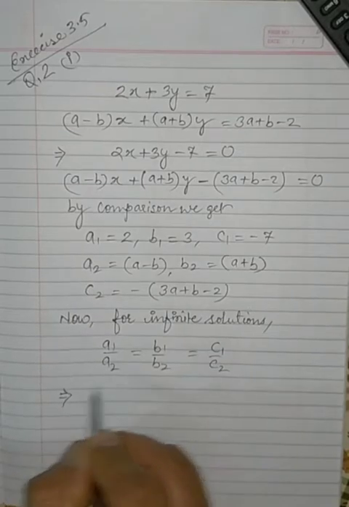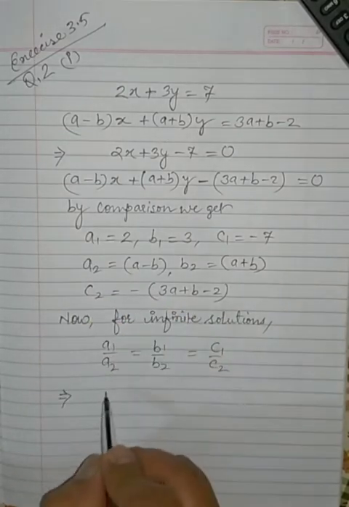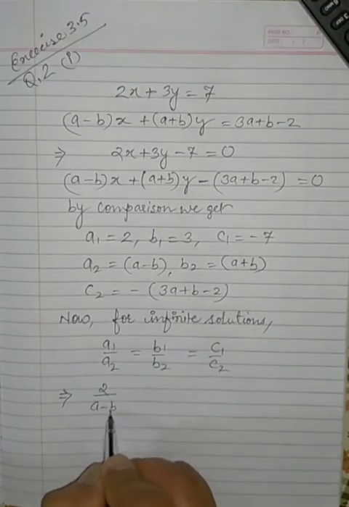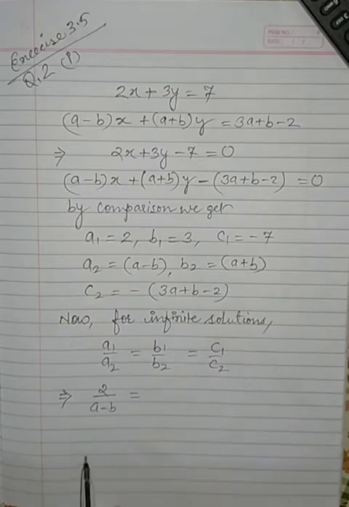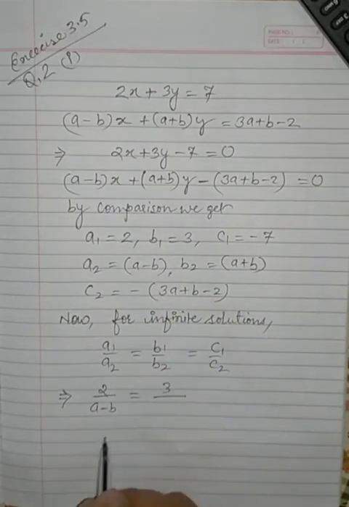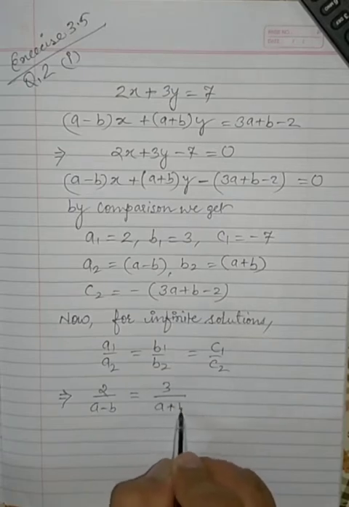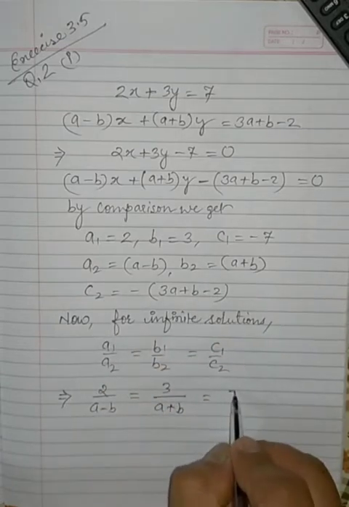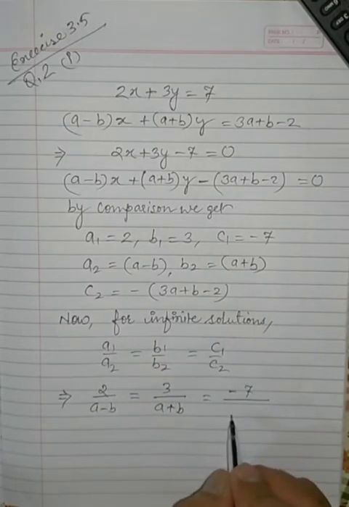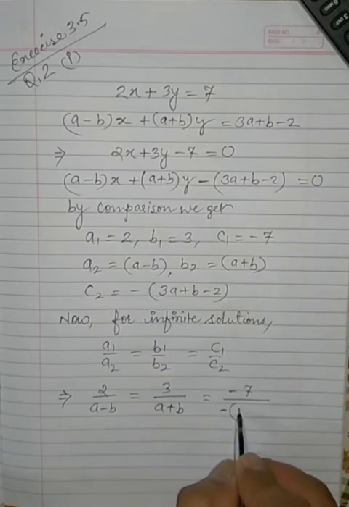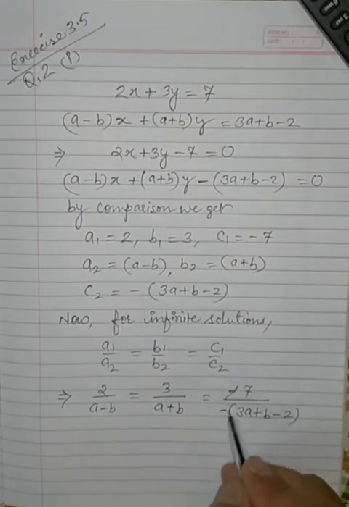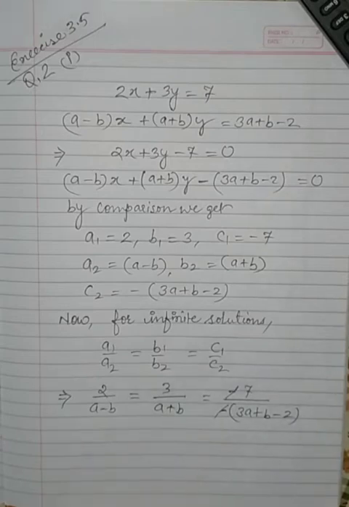Let's put the values in this condition. a1 is equal to 2 upon a2 is equal to a minus b, is equal to b1 equal to 3 upon b2 is equal to a plus b, is equal to c1 upon c2, c1 equal to minus 7 upon c2 is equal to minus (3a plus b minus 2). Here the minus sign can be cancelled.